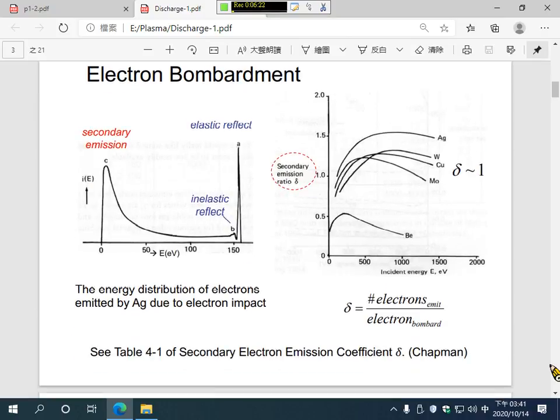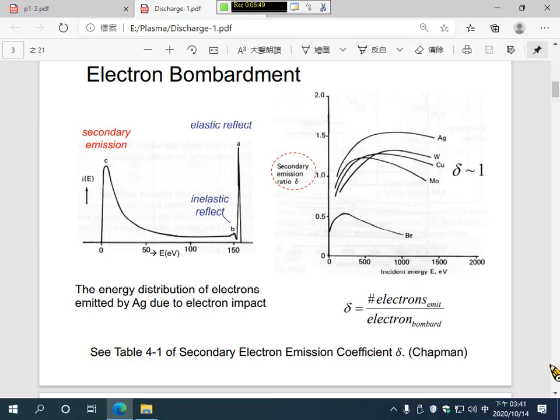And this one is the secondary electron emission by electron bombardment. Okay. As we have already known, inside the plasma, the electrons possess high velocity or high energy.